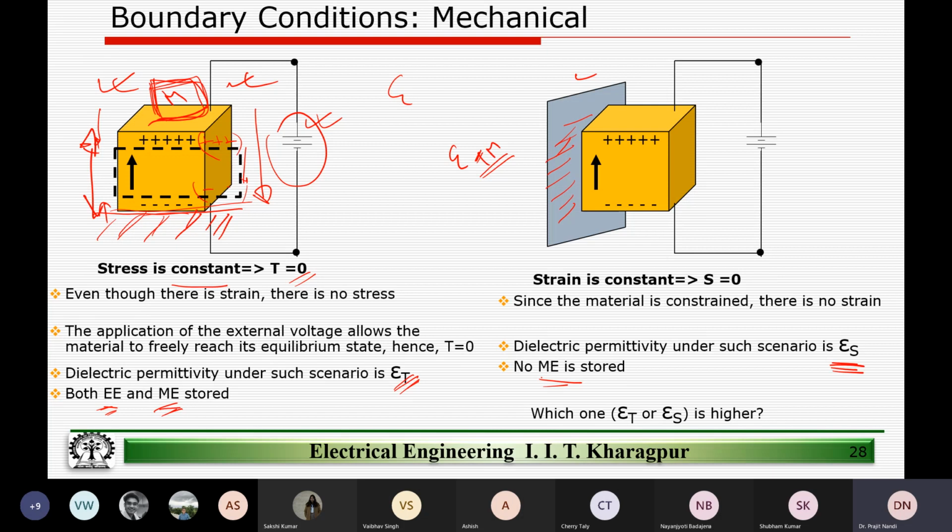So the energy that is going to be provided in this condition by the battery will be higher. Epsilon T will be higher because we are storing the energy not only in electrical form, but also in mechanical form.